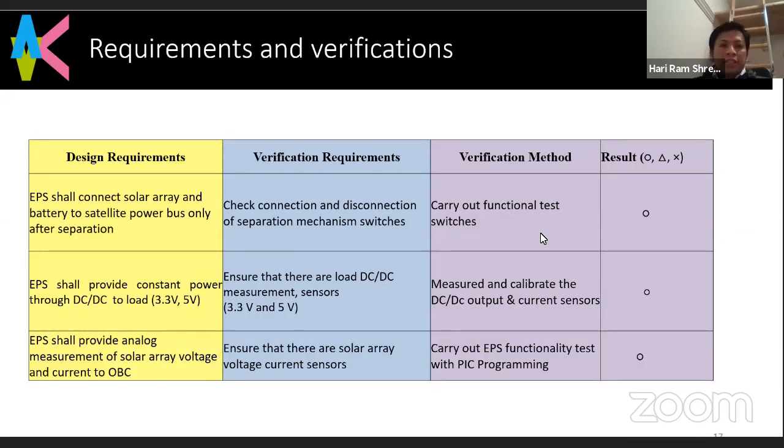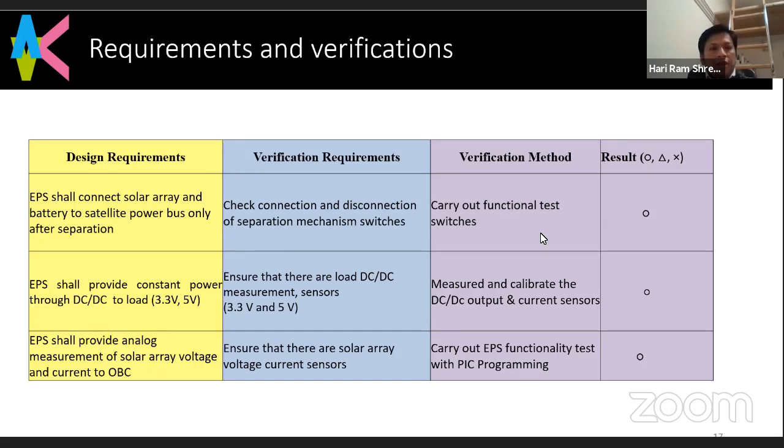EPS is connected to the solar array and the battery for the power bus only after separation, meaning it should start 30 minutes after release from the ISS. We also did many inhibitor tests in our ground station workshop.